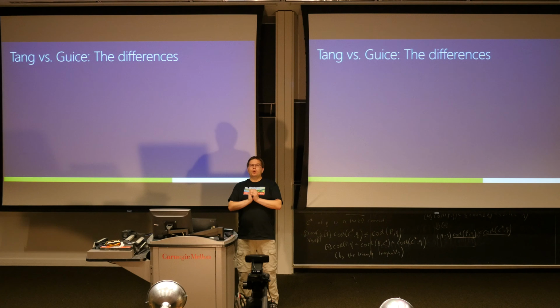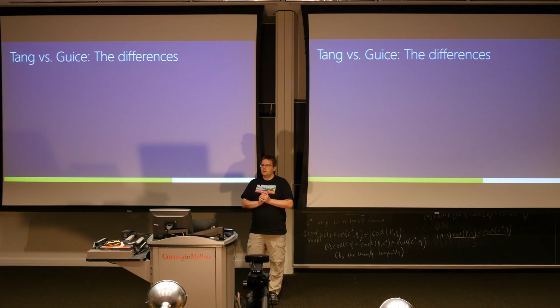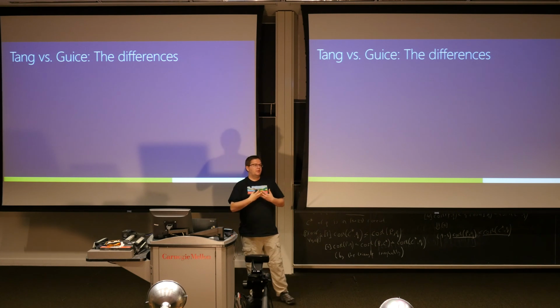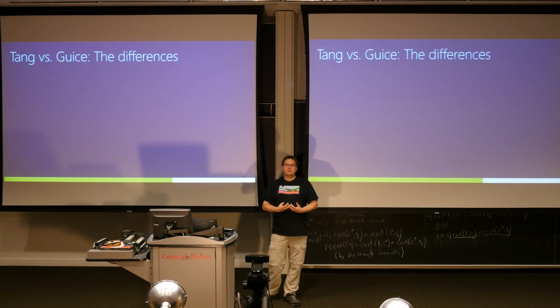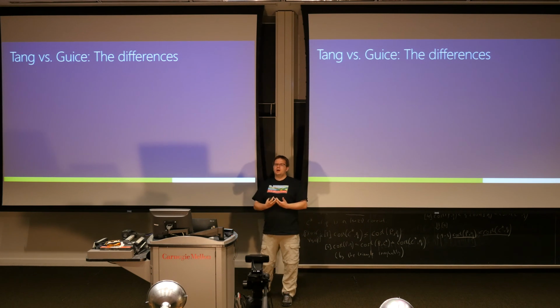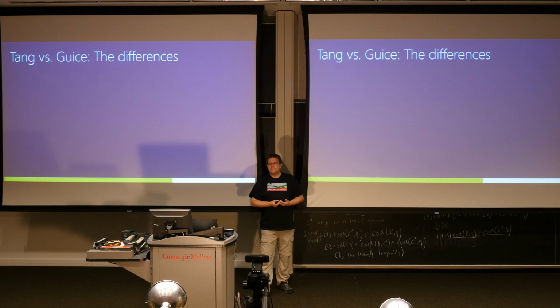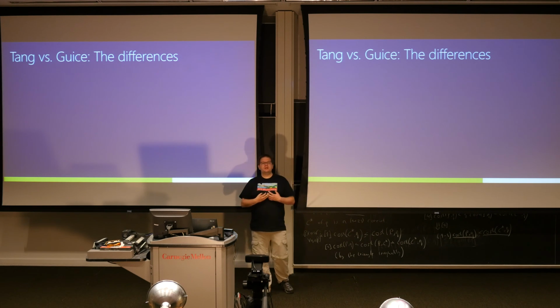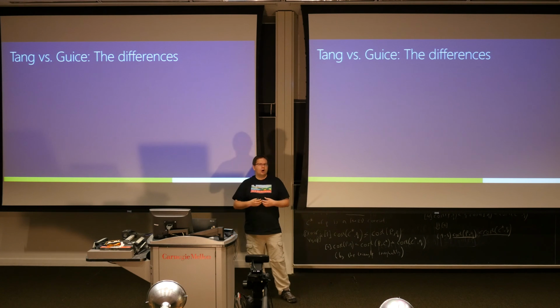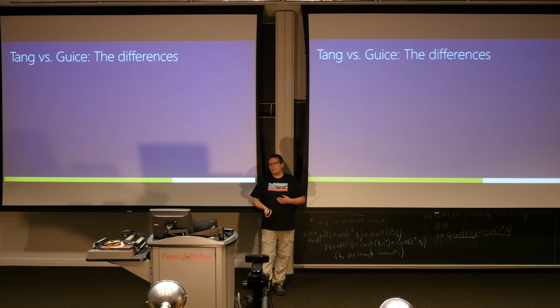Has any one of you ever worked with Guice? Okay, 1, 2. So if you compare Tang with Guice, Guice is a dependency injection framework that we initially used in REEF. It was open sourced by Google, I guess, 2008, 2009 timeframe. The main differences between Tang and Guice, they share a lot of the general philosophy of making objects through code and all that.